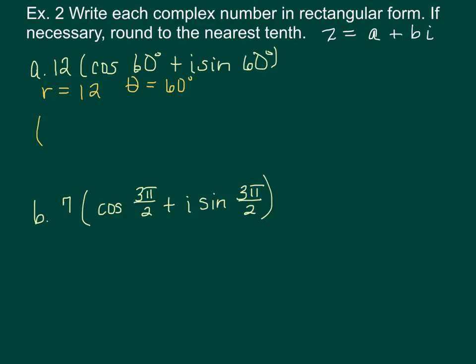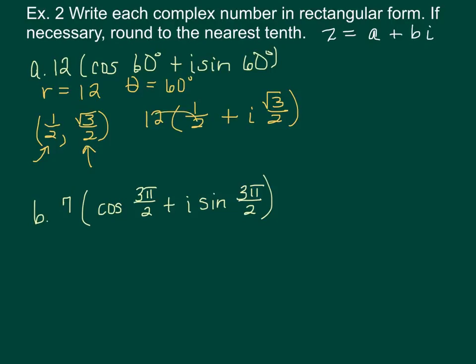Remember the coordinates for 60 are 1/2 and radical 3 over 2. This is cosine, this is sine. So to find the value, you're going to do 12 times cosine of 60, which is 1/2, plus I times sine of 60, which is radical 3 over 2.